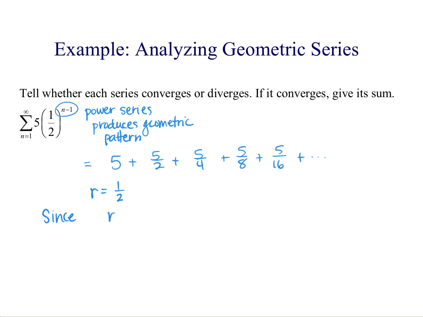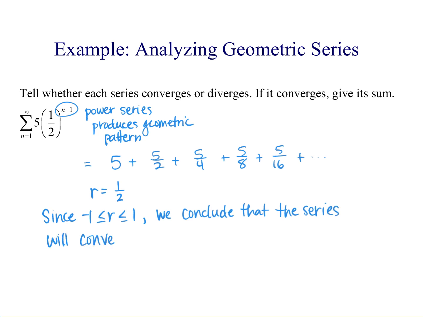Since r is between 1 and -1, the geometric test tells us we can conclude that the series will converge, and it's even stronger than just saying it converges.